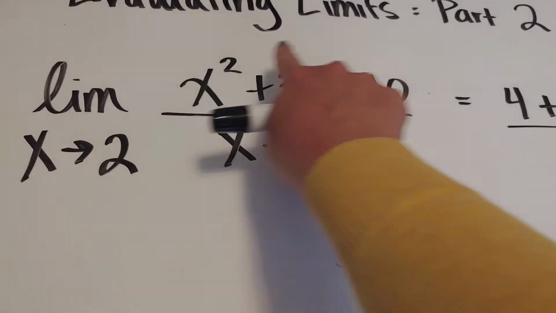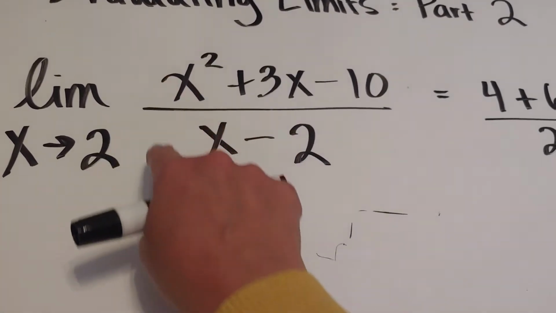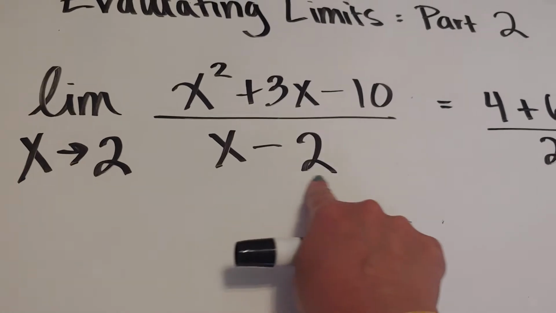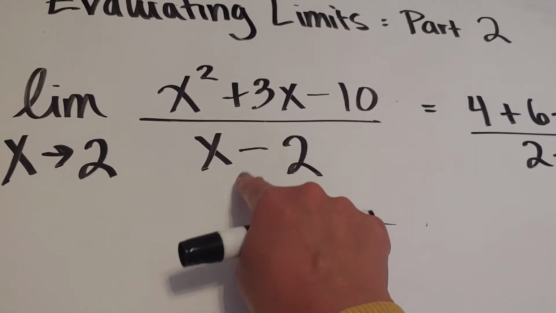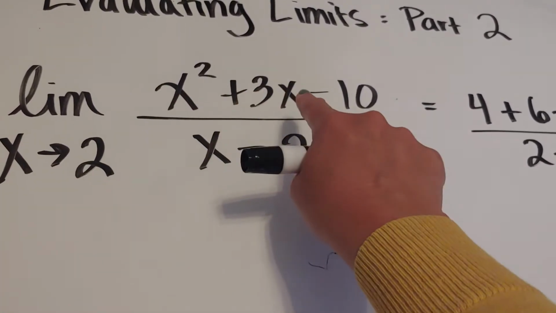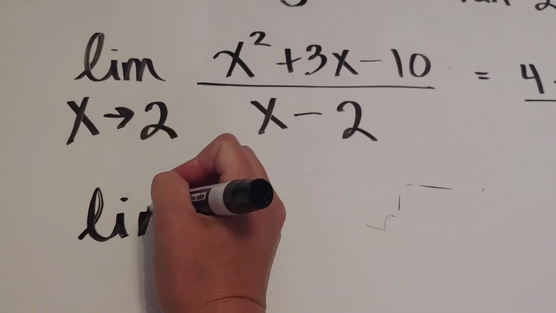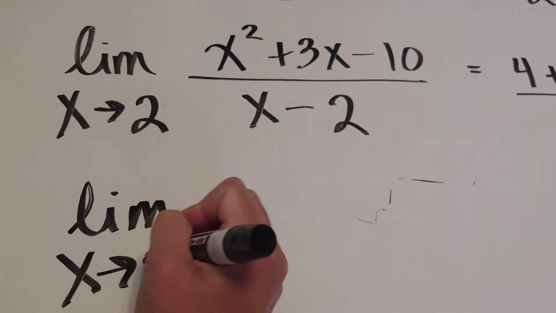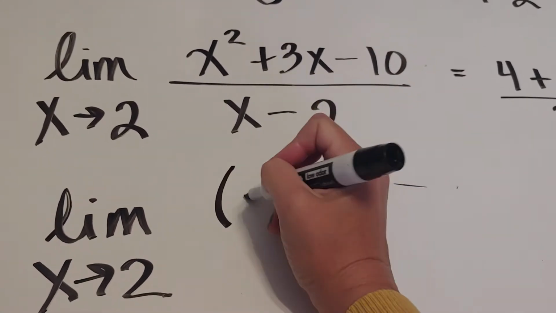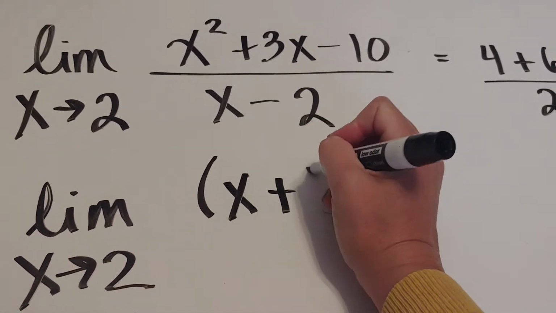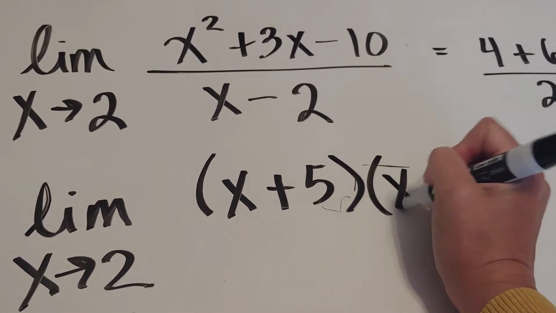So when I look at a problem, a couple things are going to come to mind. One is that, hey, this problem of x minus 2, I need to somehow cancel this out. So our strategy is going to be to factor the top. Okay, so I'm going to write the limit as x approaches 2. I'm going to factor the top, and that top is going to factor into x plus 5 and x minus 2.